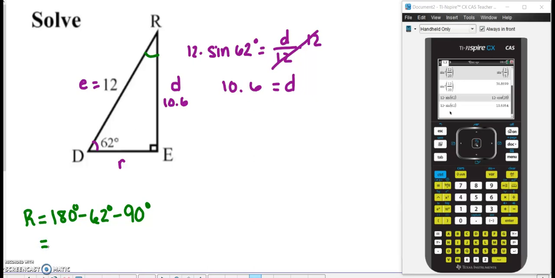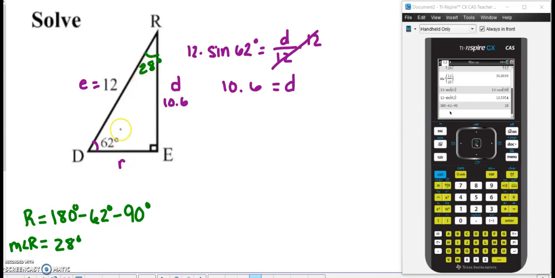So we can come up with the measure of angle R, and we can do that by just going over to the calculator. So 180 minus 62 minus 90, and that gives us 28 degrees.